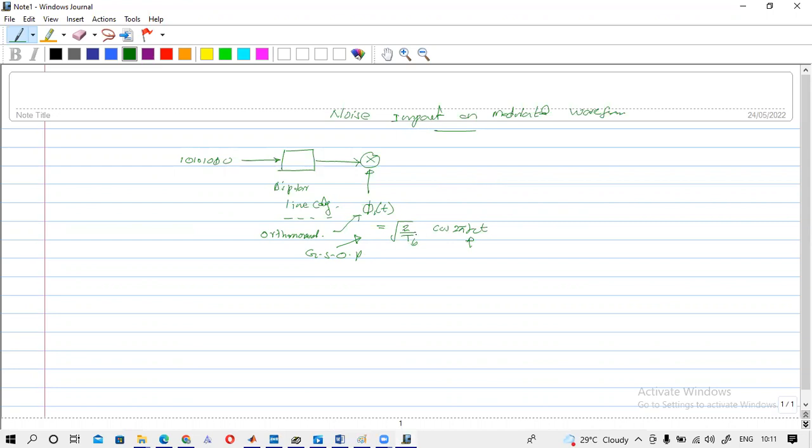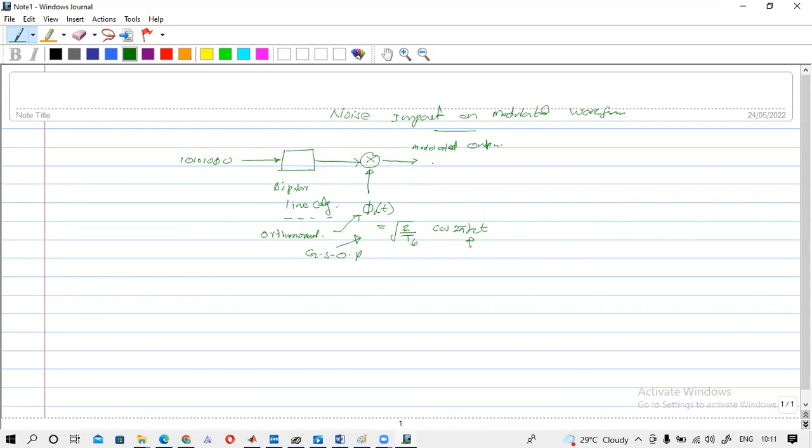Maybe this is not exactly the same, I couldn't remember, but as I can remember, this is the basis function needed for BPSK modulation. Then we will have the modulated output.